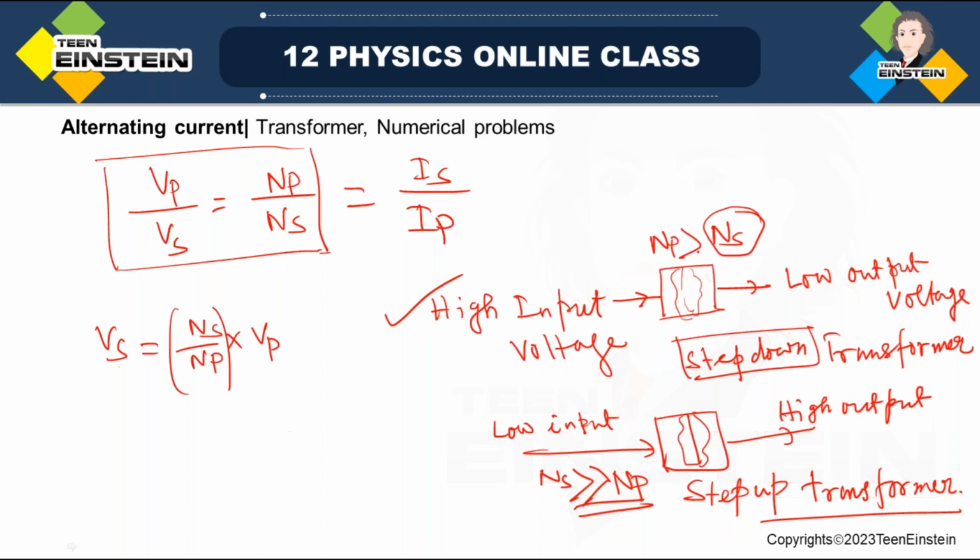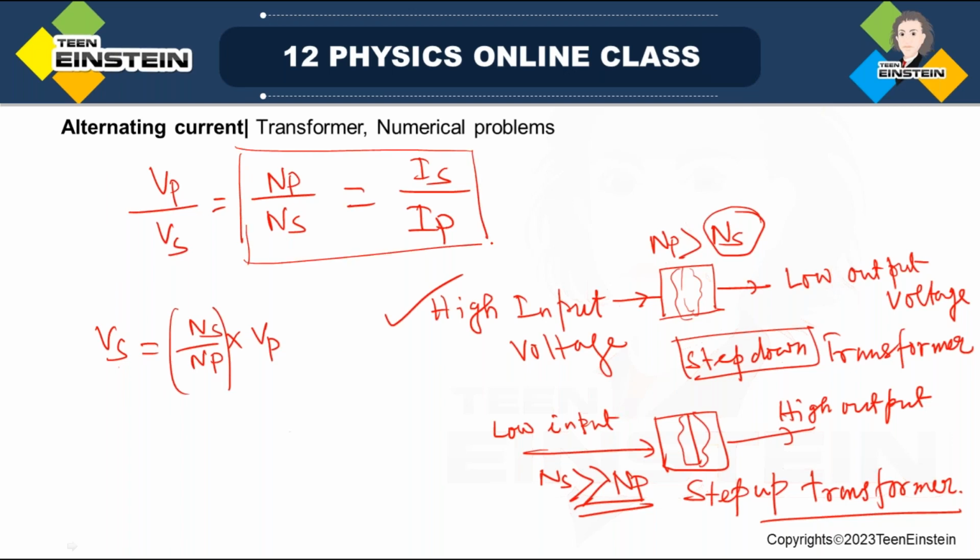Okay, now see, in the step up transformer, Ns is made much larger than Np. In that case, look at the relationship between the current and the number of turns.